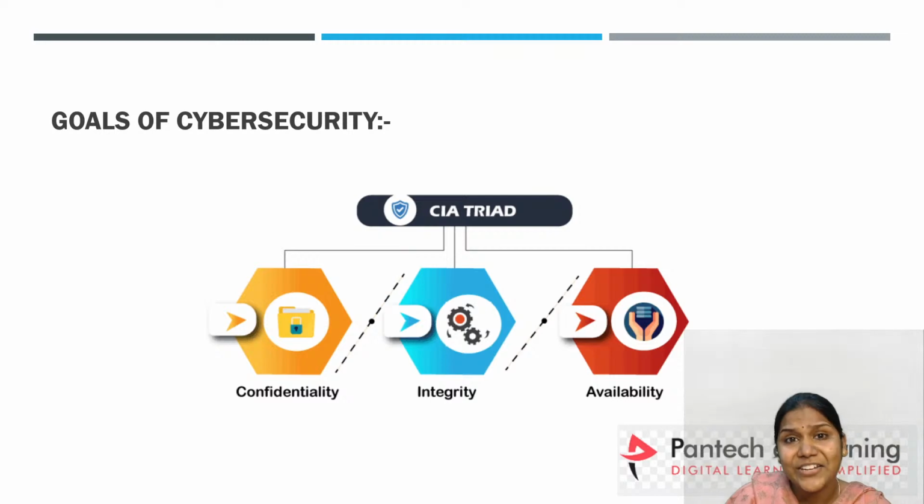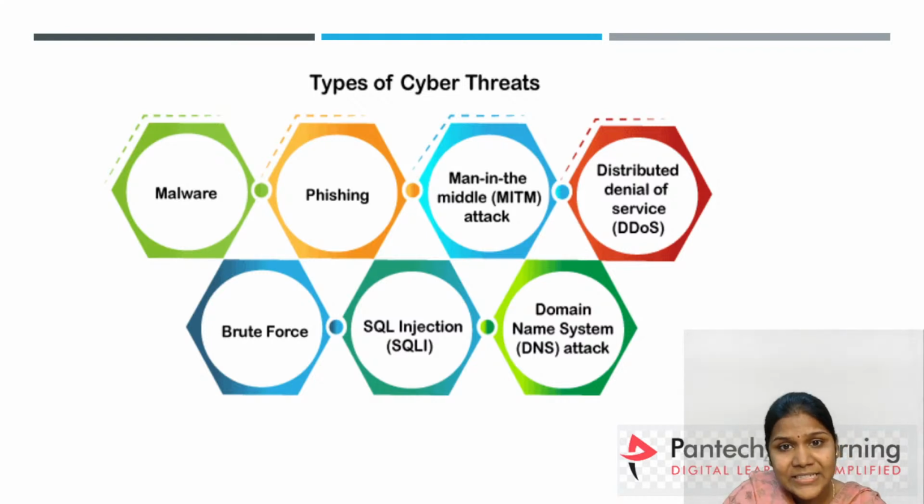Okay. Integrity means maintaining coordination. Availability: based on the data availability, we are coordinating the complete team confidentially. Okay, fine.